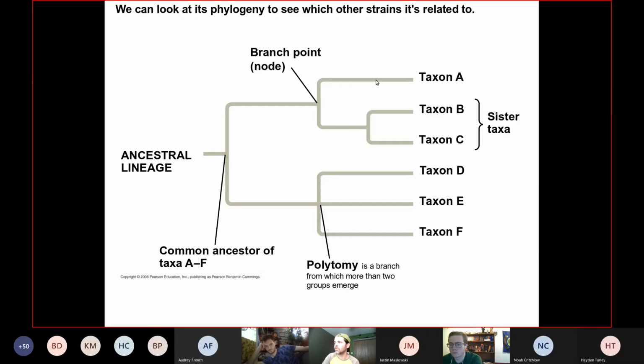We can actually do measurements by looking at the number of bases that change in a genome, that kind of thing. But for this intro class, think of it as measuring with a little piece of string back to the branch point from the taxon you're interested in. Take the other direction from it and then see which ones have the same distance. All right, does that clear that up? Taxon A's sister is B and C.